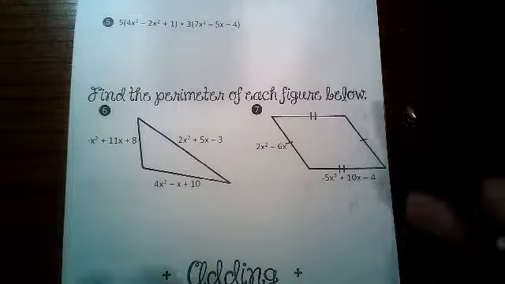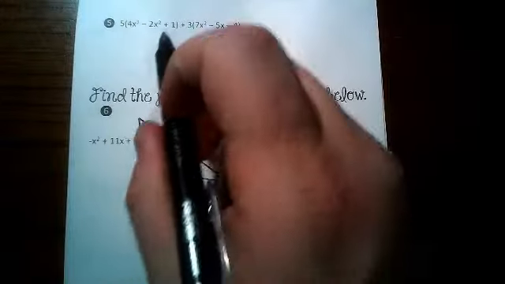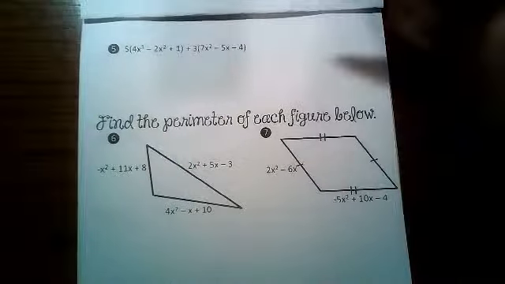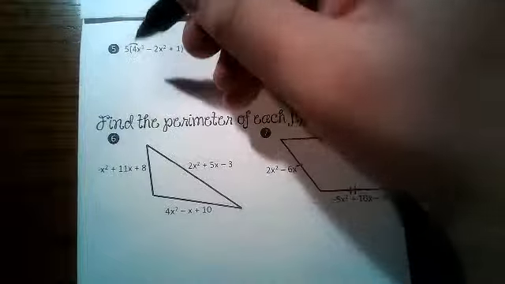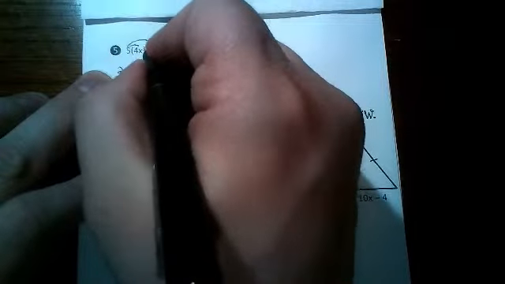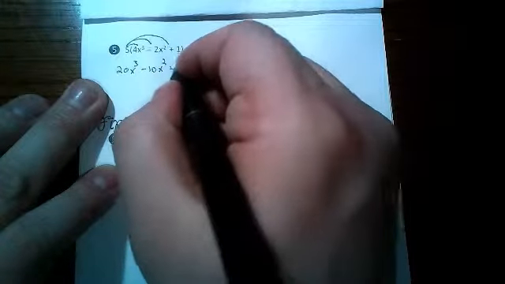So for number 5, we have one extra step that we have to do first, and that's to distribute. So we distribute the 5 in to everything, and it becomes 20x cubed, 5 times negative 2 is negative 10, so negative 10x squared. And then 5 times 1 is plus 5.